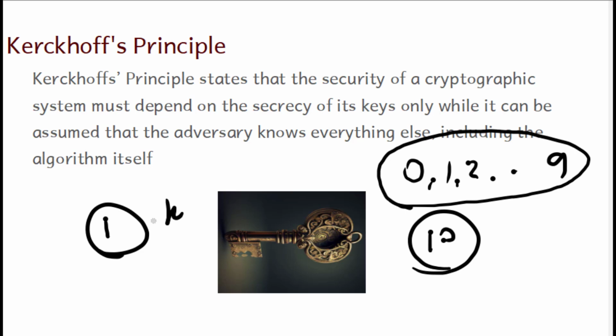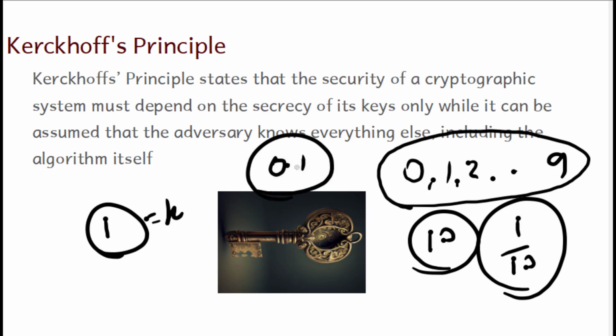Any of these 10 numbers can be the key, so Eve's success rate would be 1 out of 10, that is 0.1. So 10% success rate can be achieved by Eve. So a single number is not a good key.